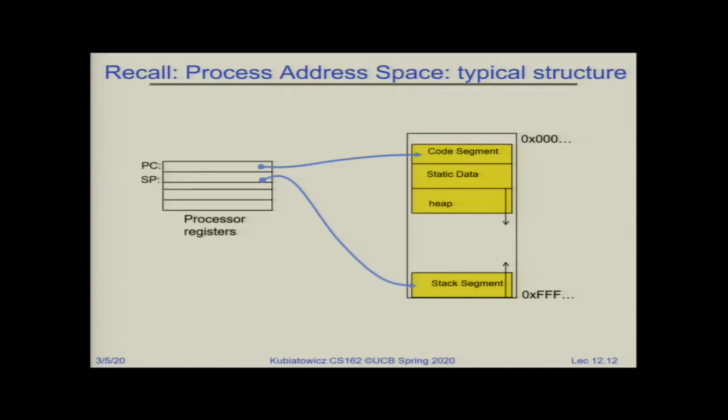And then finally, the typical structure of the address space, and this is inverted, so that 0's at the top here, but you got a code segment, you got data, and then the heap grows up towards FFFF, and the stack grows down towards 0. I inverted that just to see if you're awake, okay? And then typically the program counter points somewhere in the code segment, and the stack pointer points somewhere in the stack. Good?